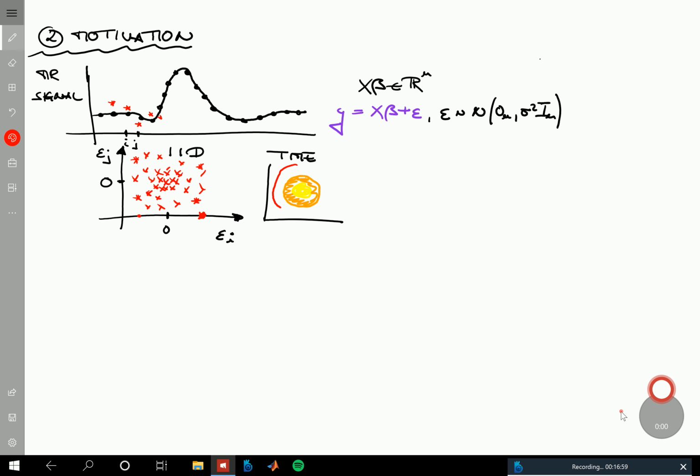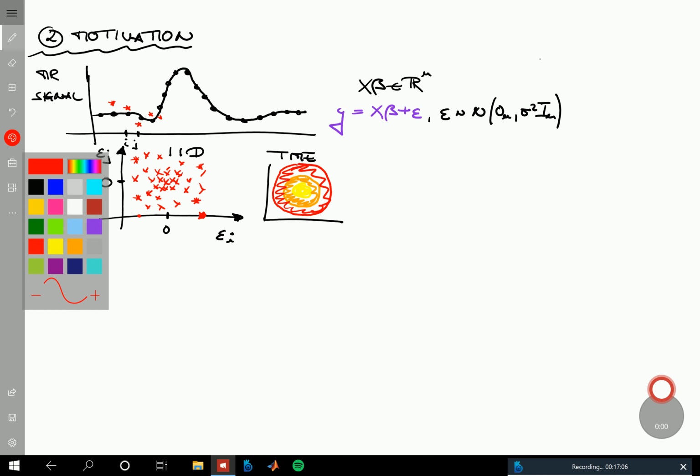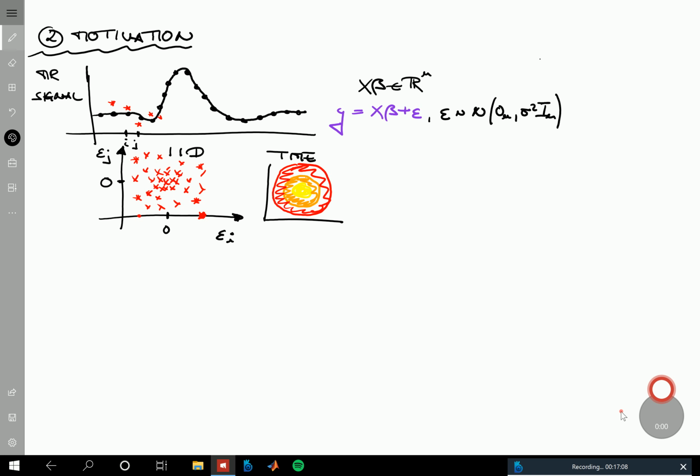Like this. Yeah, so that's the IID error case for 2 errors of our time series here. So that's about this here.